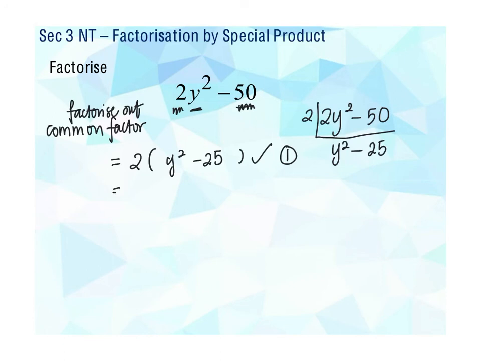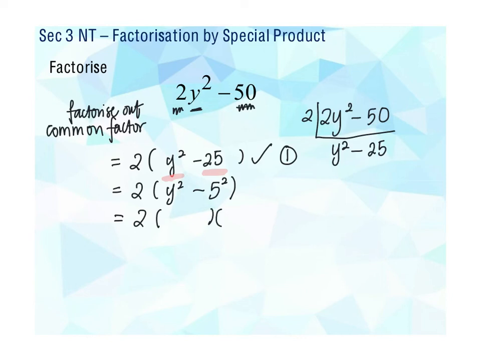Next, what can we do with the terms now inside the bracket over here? This is y squared, and this is now 25. What times what gives you 25? Now, I will know that 5 times 5 gives me 25, 5 squared. So what can we do? We can use our pattern that we learned in the previous example.